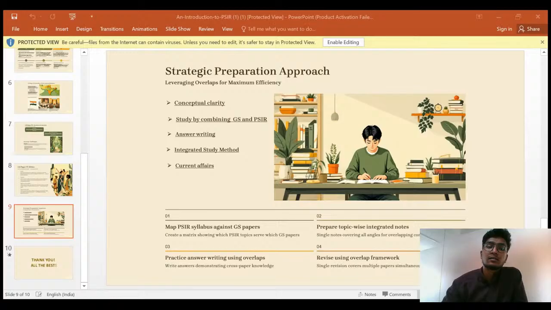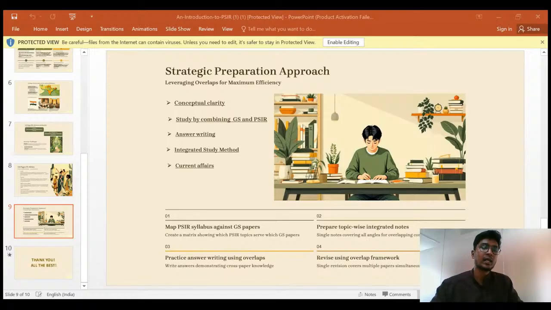When it comes to answer writing, when you write for PSIR or optional papers, you also get the idea of how to write a GS paper. But it is very important to know that answer writing for the GS paper and PSIR is different. The preparation strategy and the writing strategy are different.